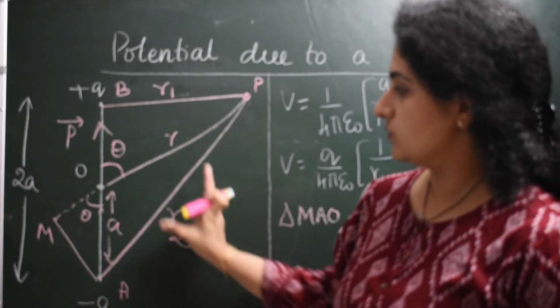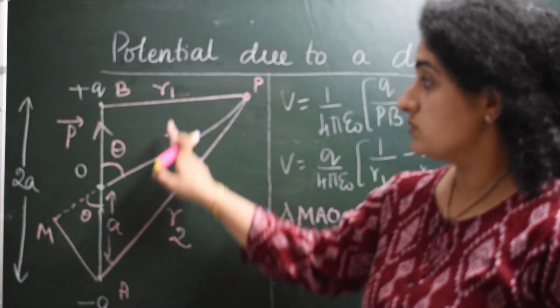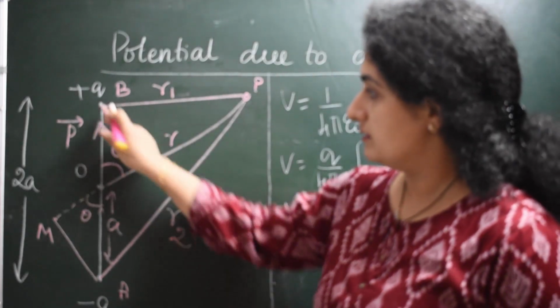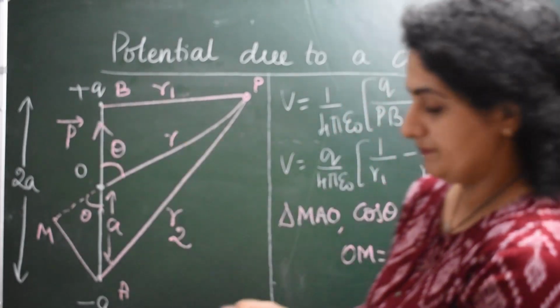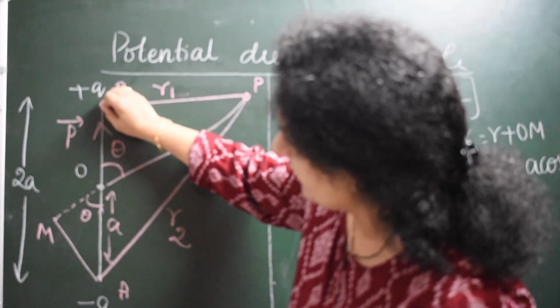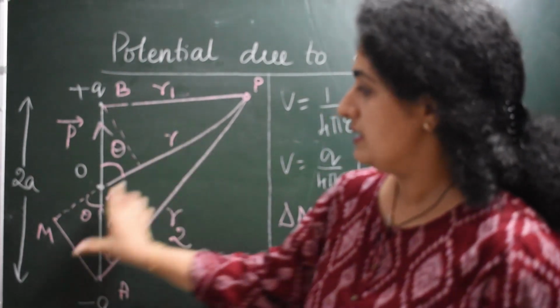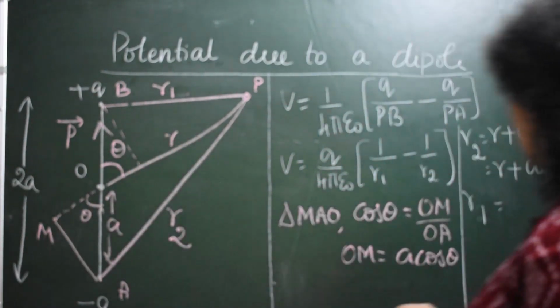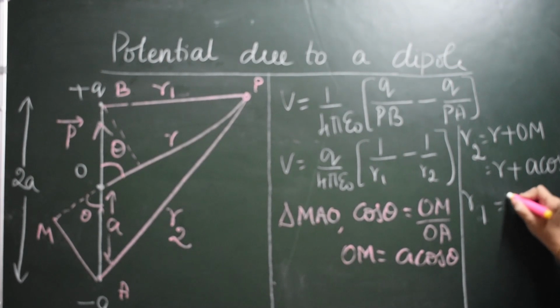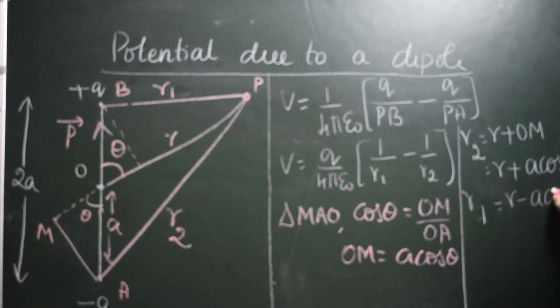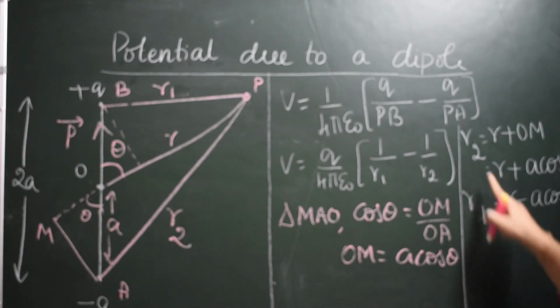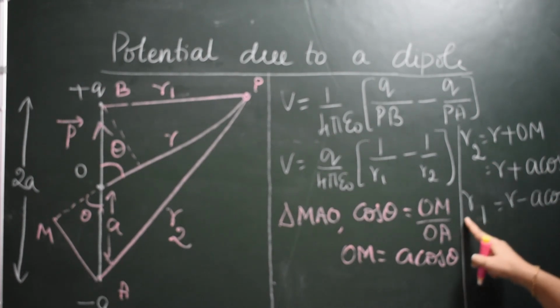R2 is R plus OM. So this and this will be the same now. So you have to subtract this much. So R1 will be R minus A cos theta. R2 is R plus A cos theta and R1 is R minus A cos theta.